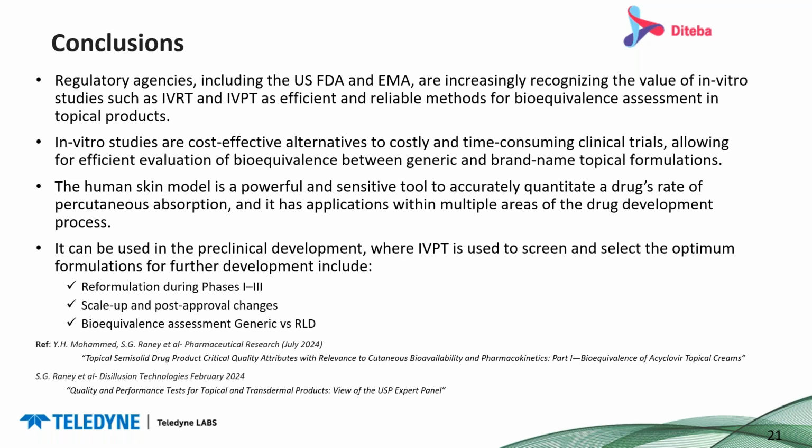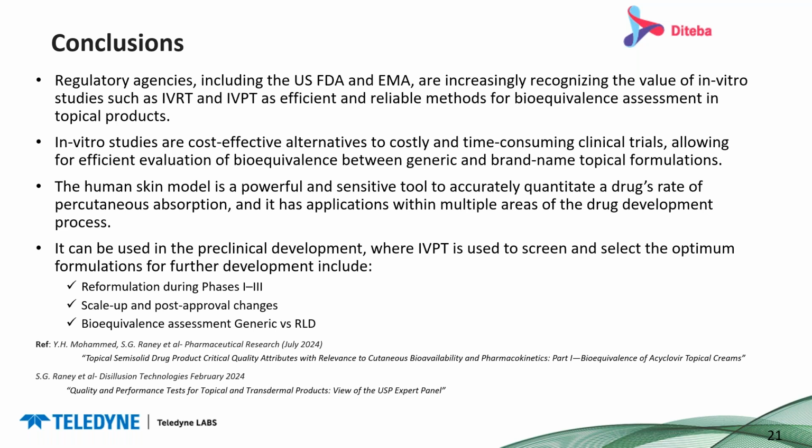Further, I would call this the source of skin. Ex vivo human skin is often preferred, as it provides the closest approximation to in vivo human conditions. Factors such as donor variability, age, and anatomic site should be taken into account.